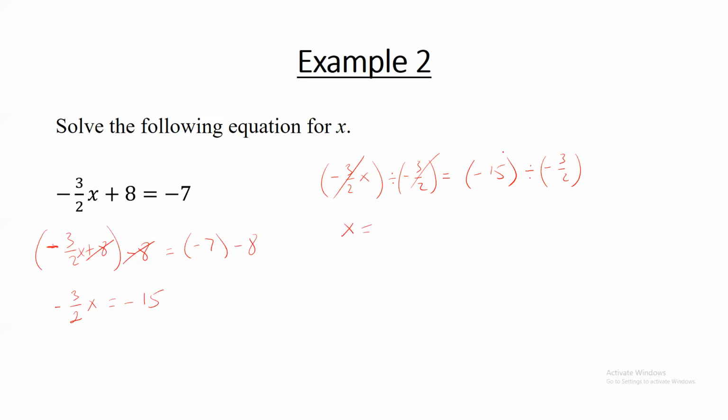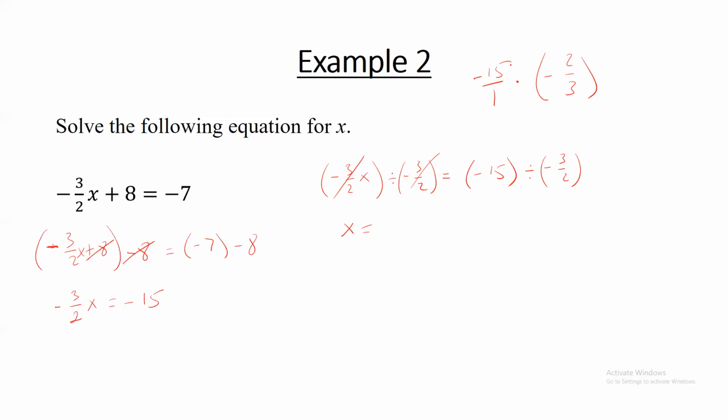And we should perform this division. I'll do it up top. Negative 15, which is negative 15/1. We will multiply it by the reciprocal. That's negative 2/3, right? We flip that second fraction. And now we multiply across.